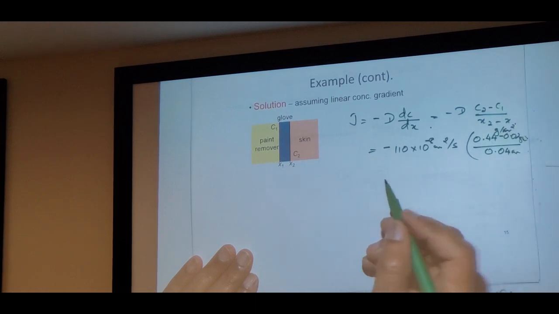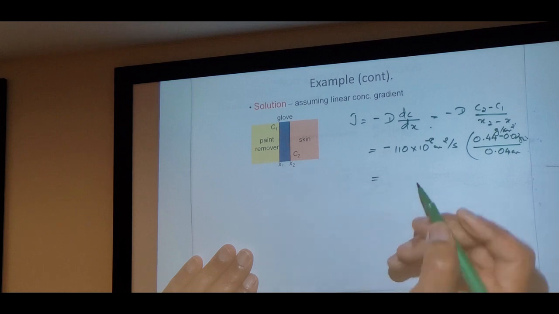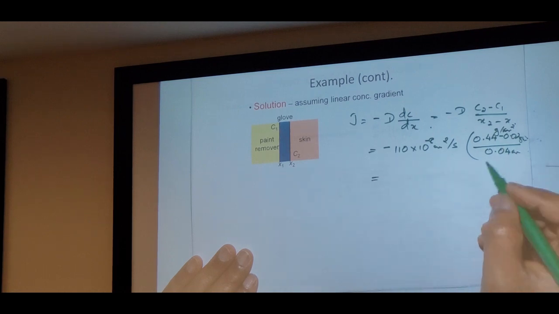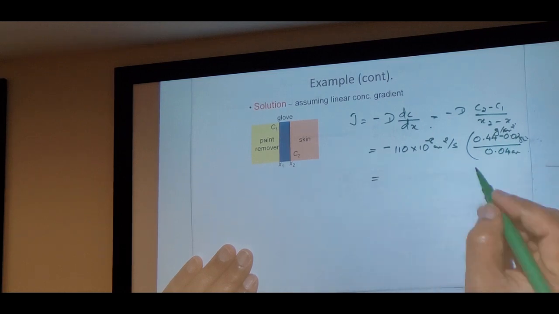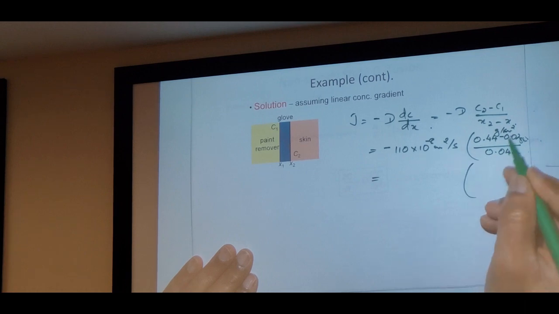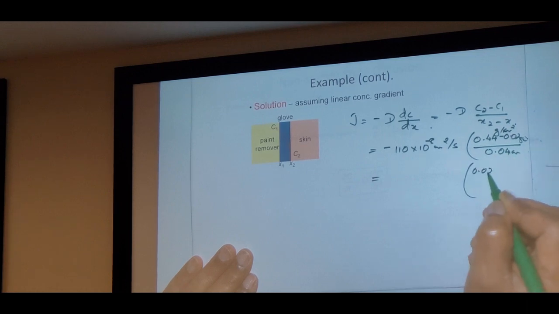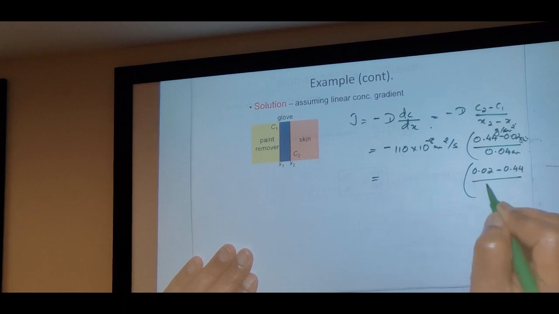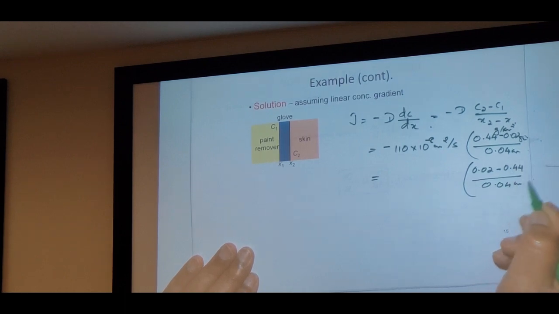If you take it like that, the flux is going to be positive. So you can take it the other way, into 0.02 minus 0.44 over 0.04 centimeter.